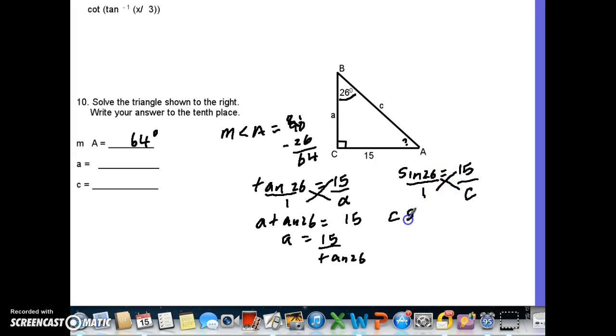We have C times sine 26 equals 15. And then what? Divide both sides by the sine 26. We get our answer. Let me see if I don't have a calculator close by, but you can always work this out, and you get your A by doing the division here, and then C by doing this.